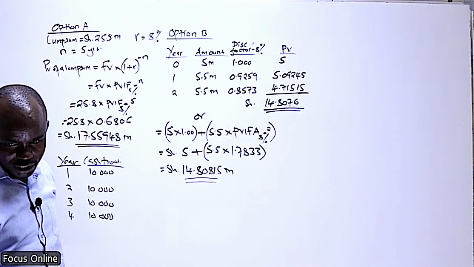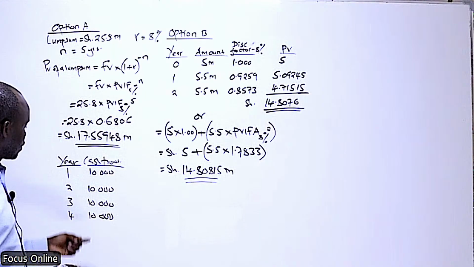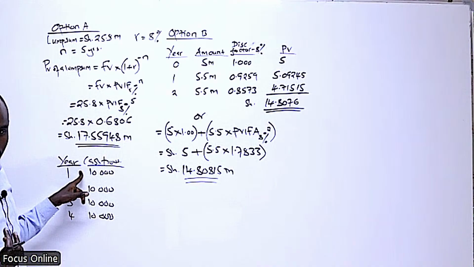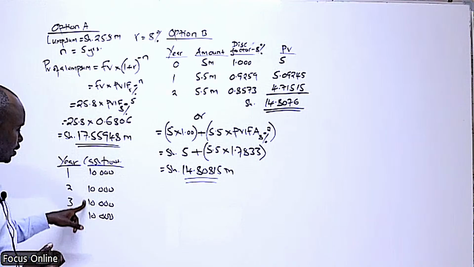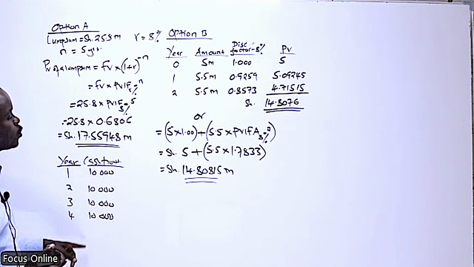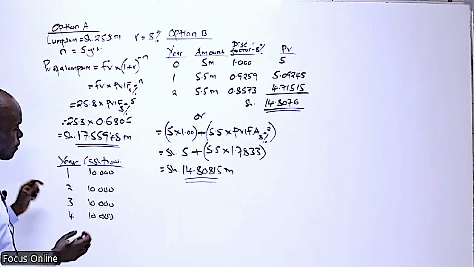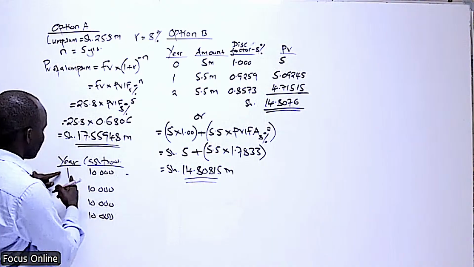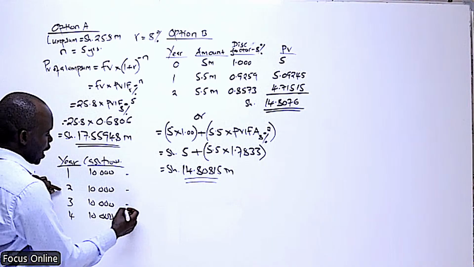Shadrach, yours is 14, or you're dealing with what? Millions. I'm answering Akinyi. You're saying these are annuities, but you can still use the upper table to get the present value by having the factor at period 1, period 2, period 3, and period 4.